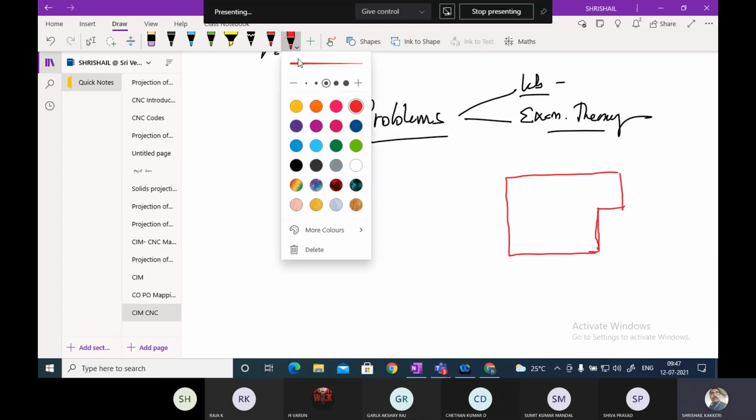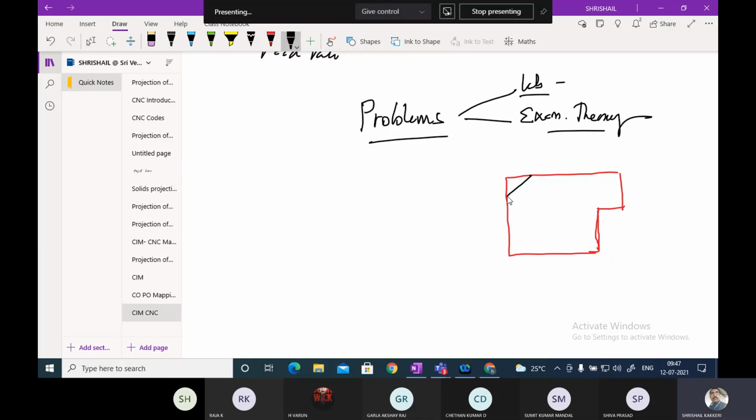Now, look into this. This is what I need to do the program. This is the shape of the workpiece I need to get, and this is 60 mm.